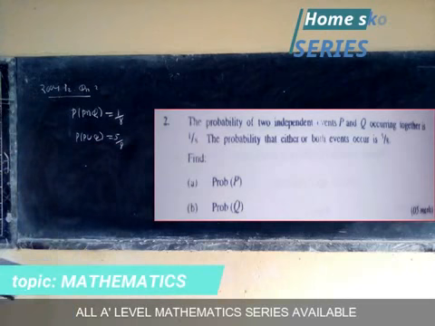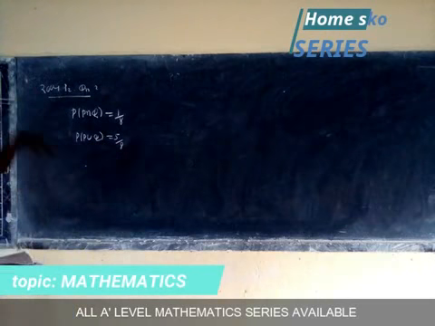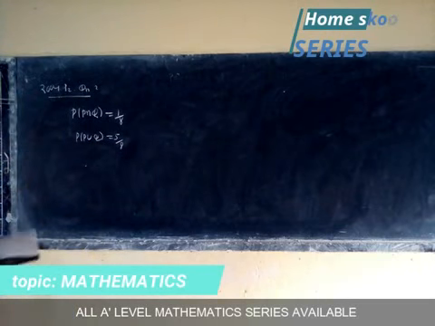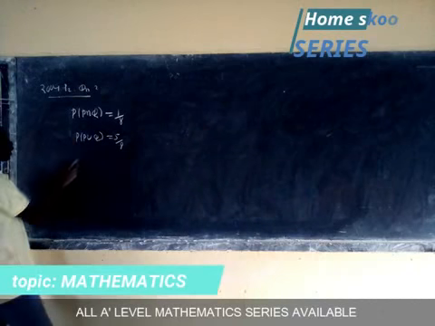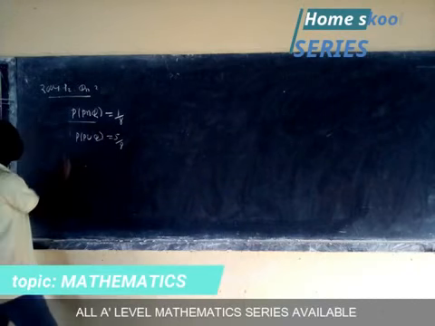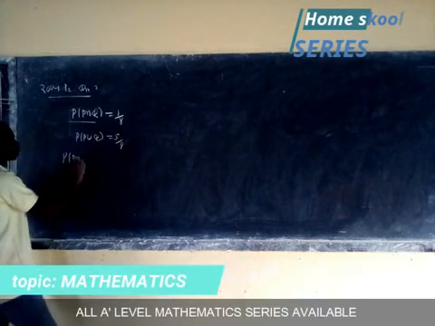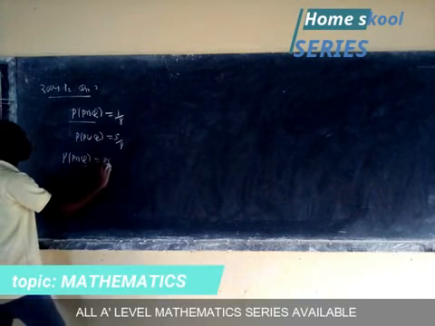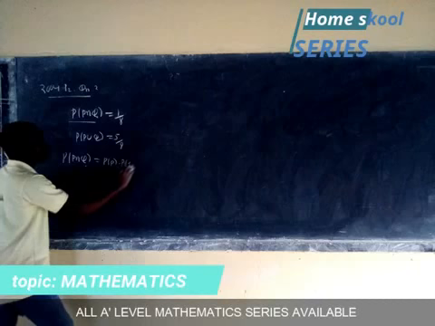Then they say find the probability of P and the probability of Q. Meaning in this case, what you will do, you would expand this. First of all, the probability of P intersection Q becomes P(P) times P(Q).